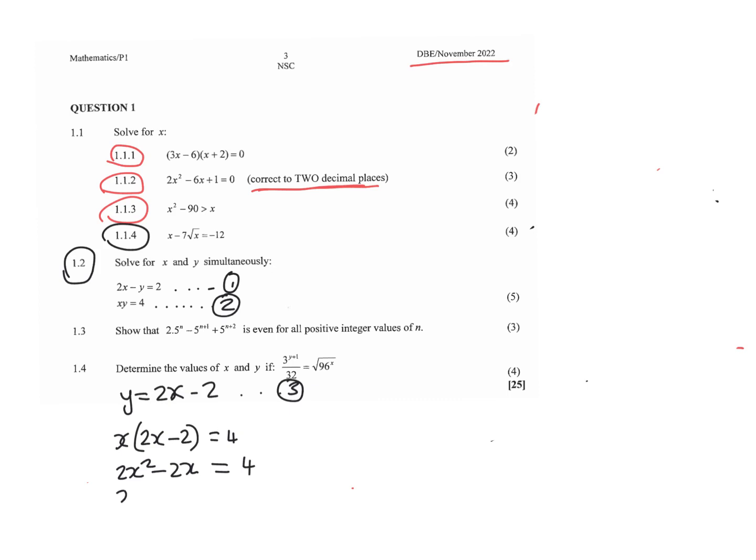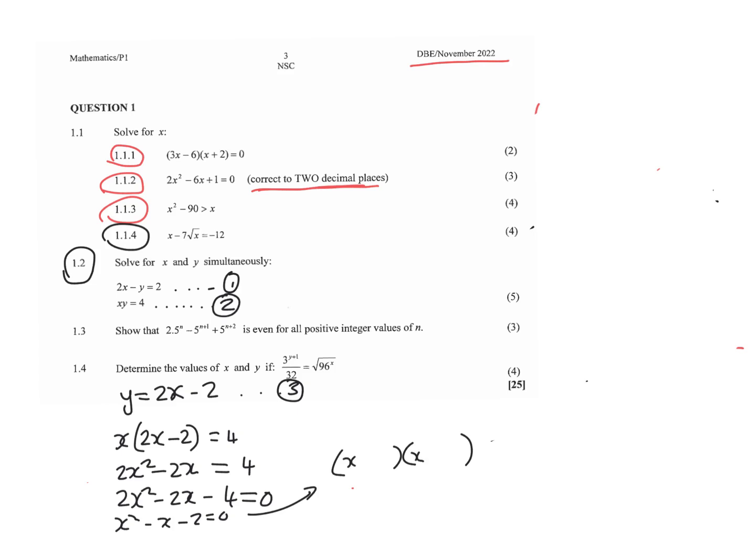So we take 4 to this side. We have x squared minus 2x minus 4 equals 0. Then from there we can now factorize. We open 2 brackets. We can start by dividing by 2. When you divide by 2, we have x squared minus x minus 2 equals 0. Then from there we can factorize. So we have x and x.